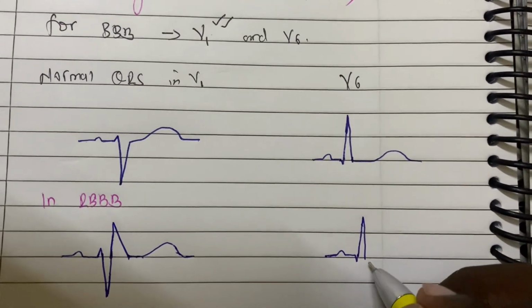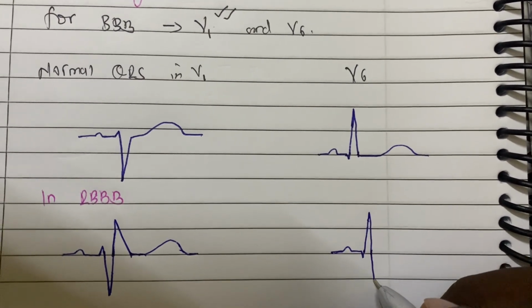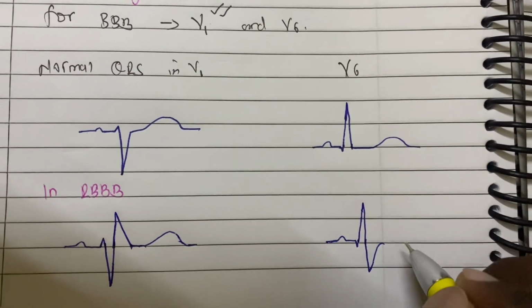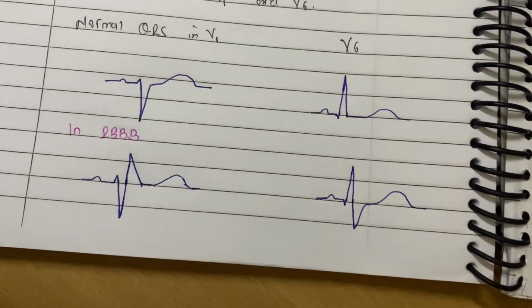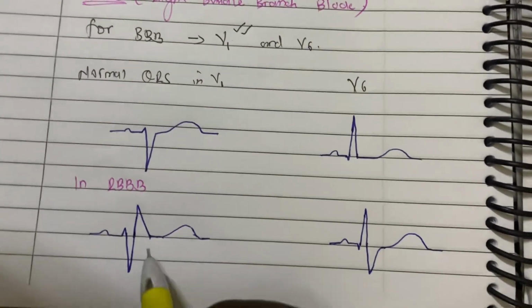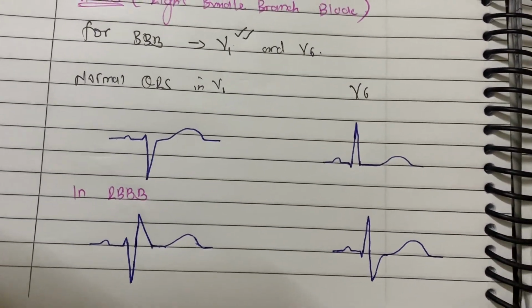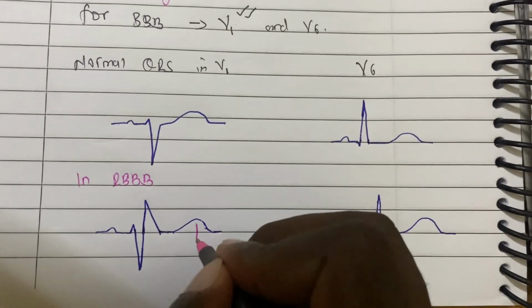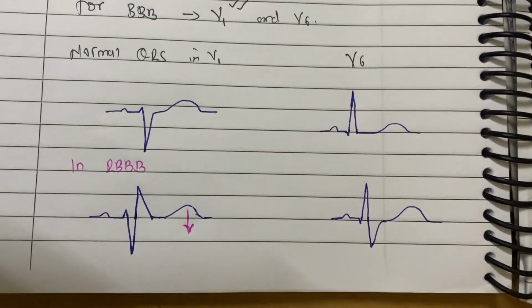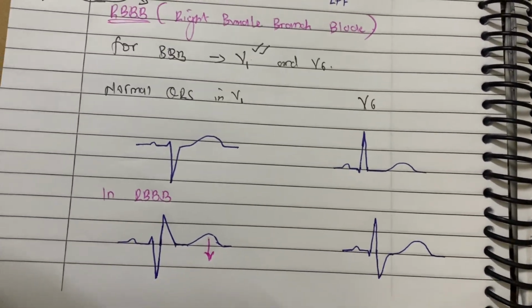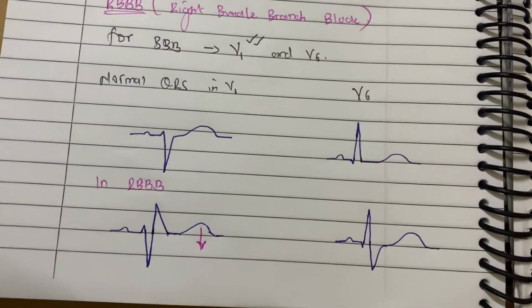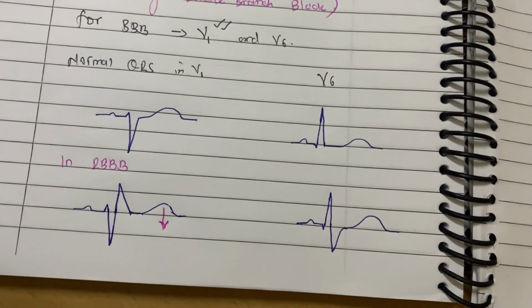Now in V6, this is what we expect. I expect a deep and wide S wave. But in most cases, this T wave will be inverted in RBBB, in V1 and V2. So this is the morphology we expect in RBBB. You can check other leads like lead 1 and aVL.